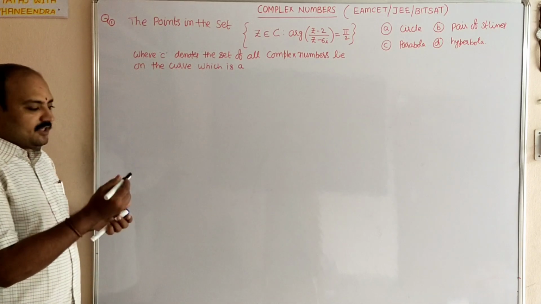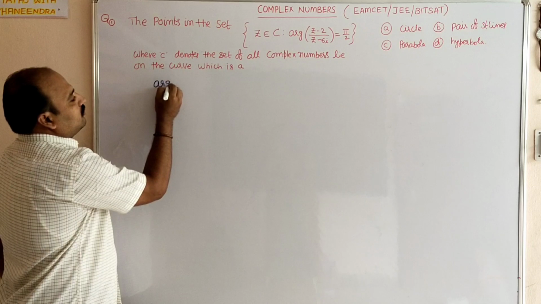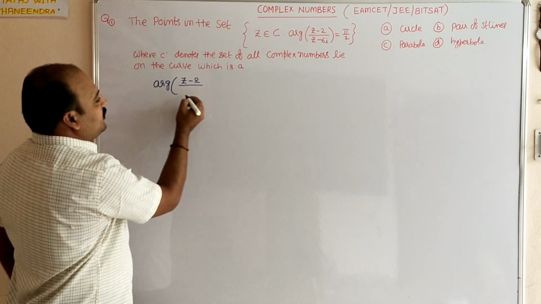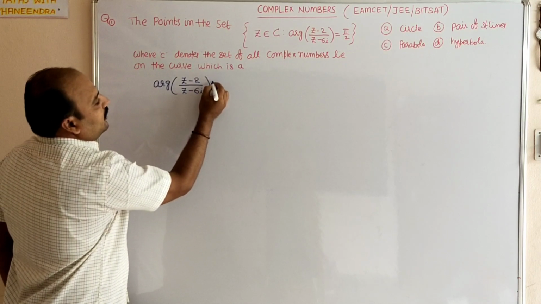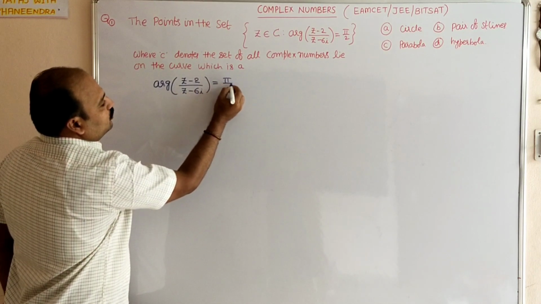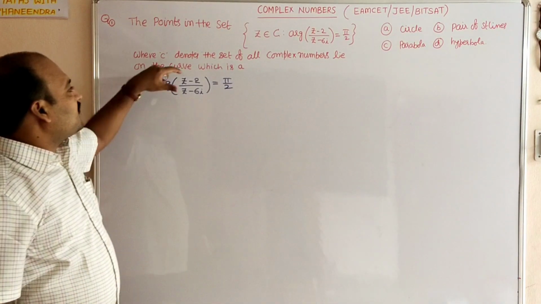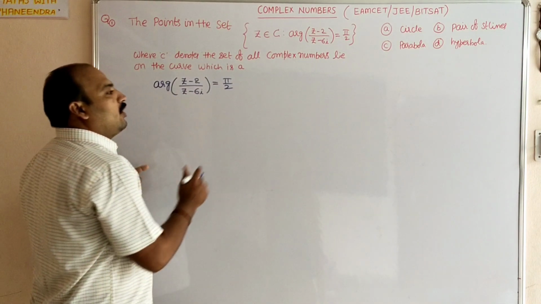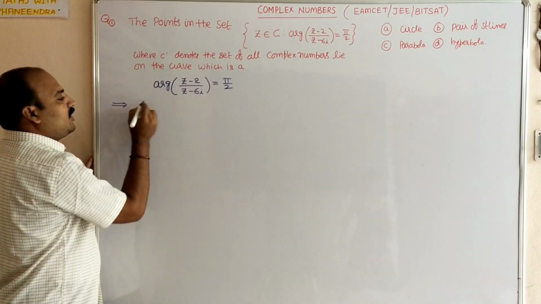So first, what condition is given there? Argument of (z minus 2) divided by (z minus 6i) is equal to pi by 2. We know that for argument of z1 by z2, we have the formula argument of z1 minus argument of z2.